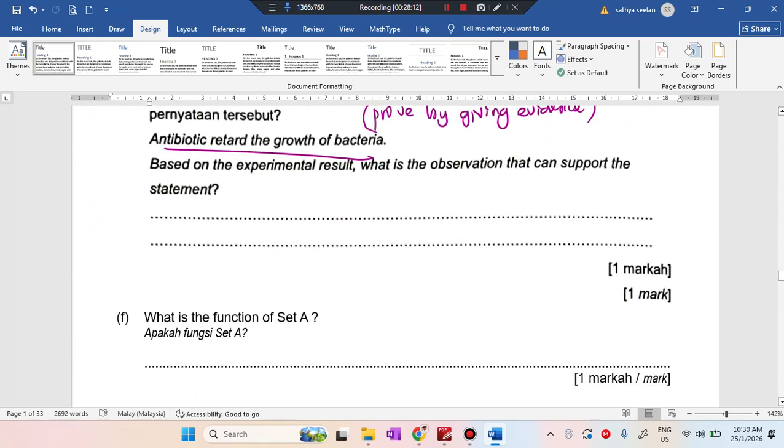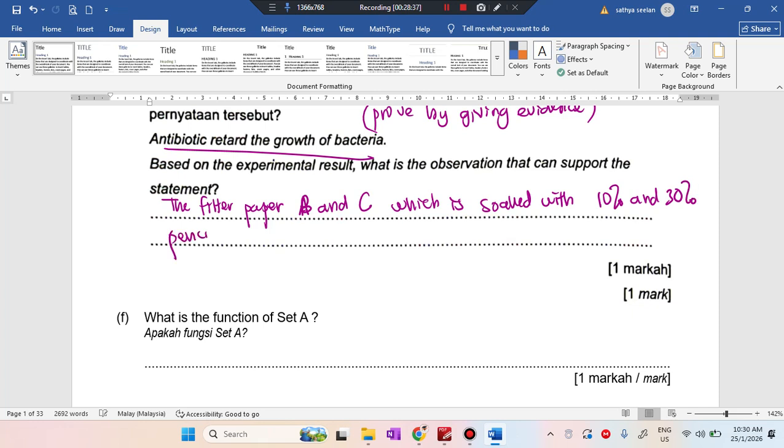So, for example, the filter paper B and C, which is soaked with 10% and 30% penicillin respectively, produces clear region.